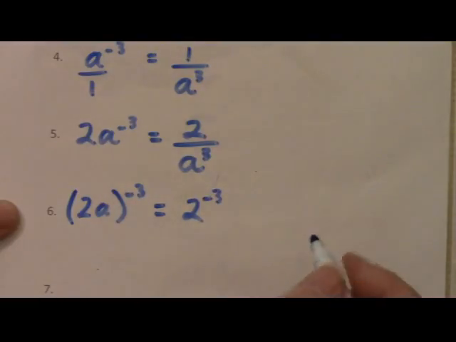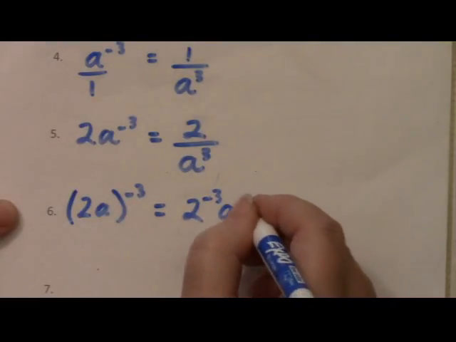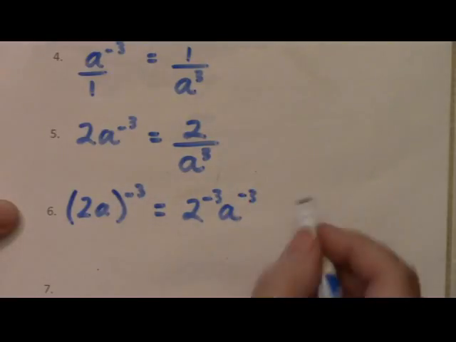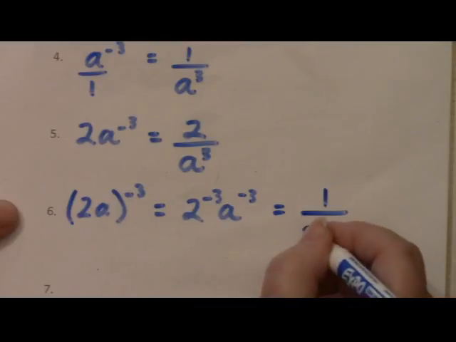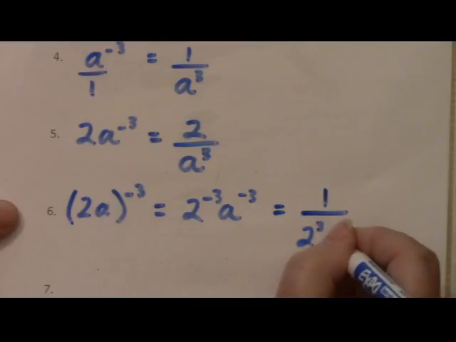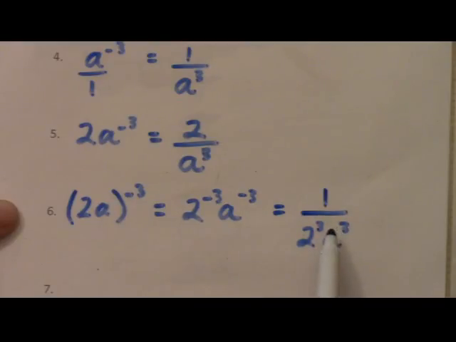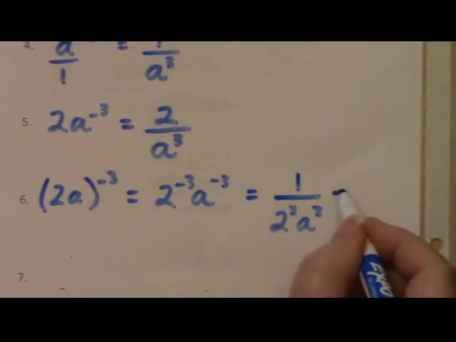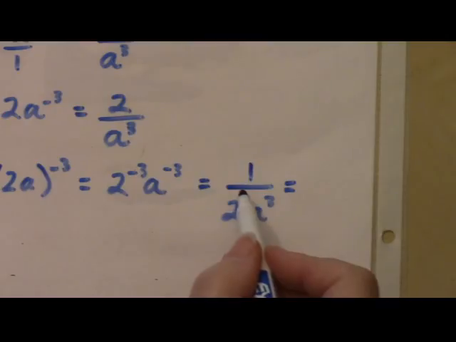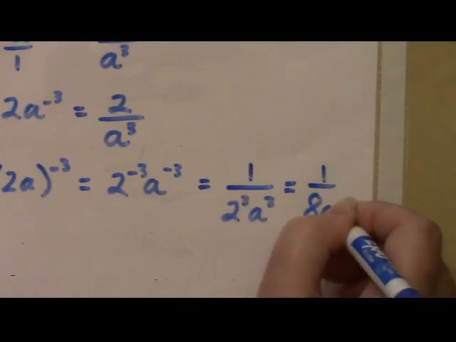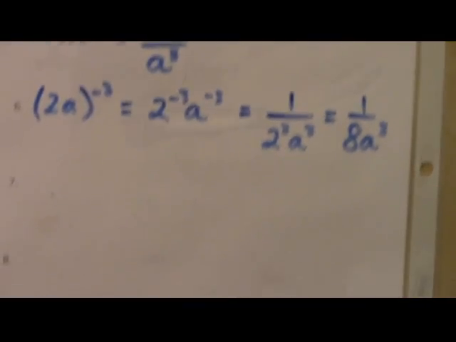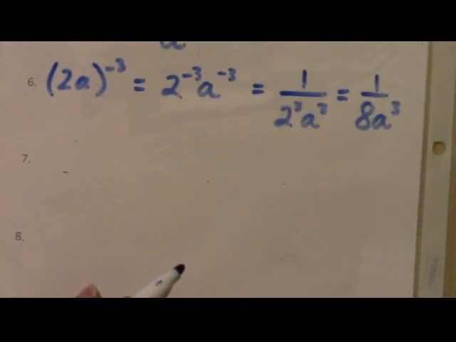It becomes 2 to the negative 3 and a to the negative 3. Now each of those gets to move. It becomes 1 over 2 cubed a cubed. So it's going to go to both terms and they both become positive. One more step would be to multiply this out. 2 times 2 is 4. 4 times 2 is 8. This really equals 1 over 8a cubed. We'll do more of that in lessons to come.